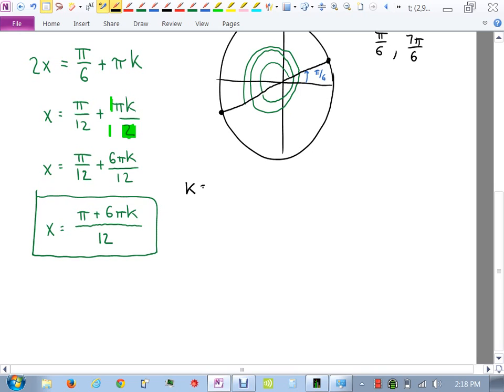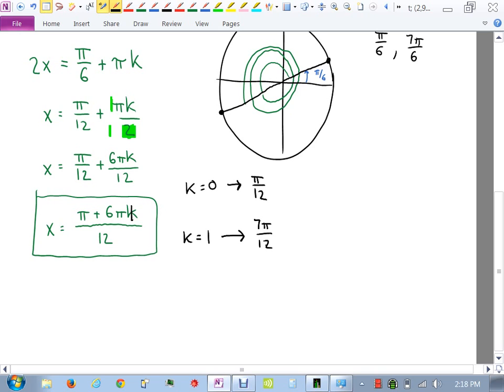So look, k is equal to 0. Let's start there. If k is 0, we kill this entire term off, and you just get pi over 12. Now let k be 1. If k is 1, that's a pi plus 6 pi, isn't it? So that's 7 pi over 12.